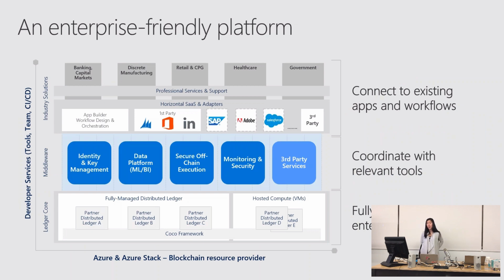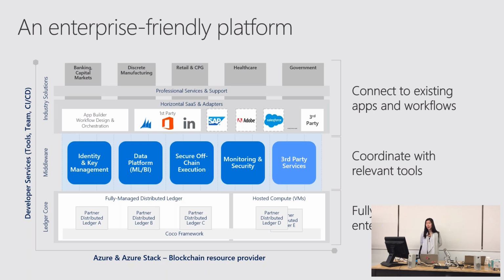And we have an enterprise-friendly platform here. At the bottom, you see our enterprise ledger offerings, and in the middle, you can integrate it with the cloud services that you already use, such as identity integration, which we were talking about earlier. As I also touched upon earlier, your identity and your transactions are super dependent on keys, like public and private keys, and so how do you manage your keys so that they don't get compromised?